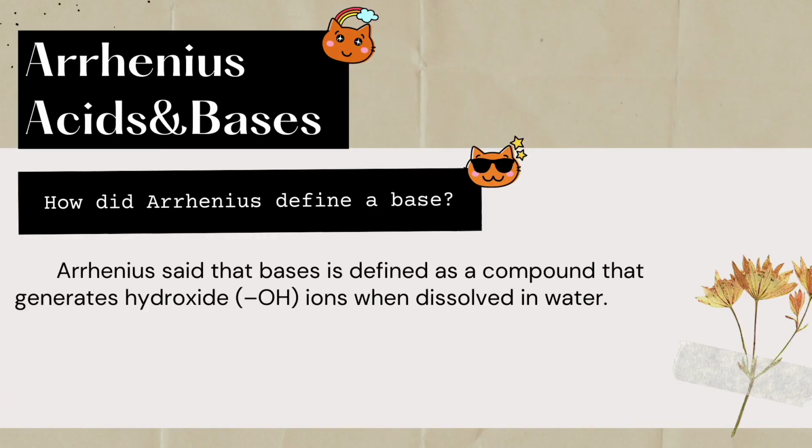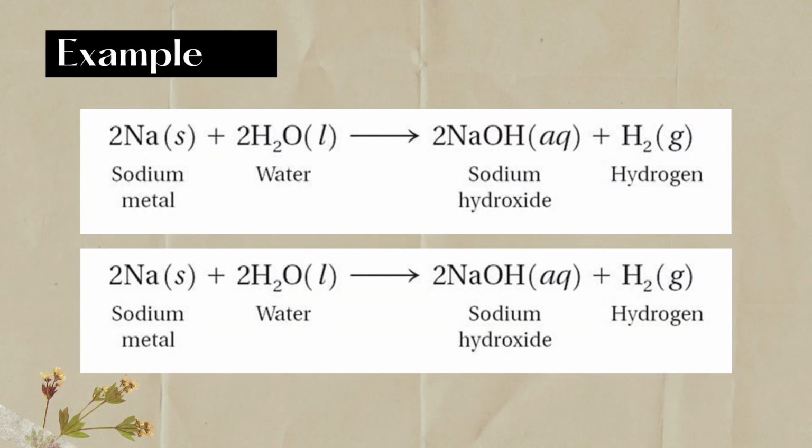An Arrhenius base is a substance that, when added to water, increases the number of OH- ions in the water. The base dissociates in the water to form hydroxide ions, or OH-. The most common examples of Arrhenius bases are the group 1 hydroxides, such as sodium hydroxide.